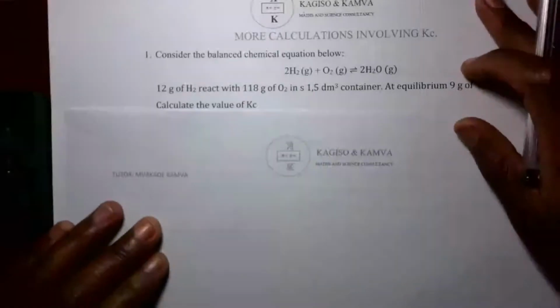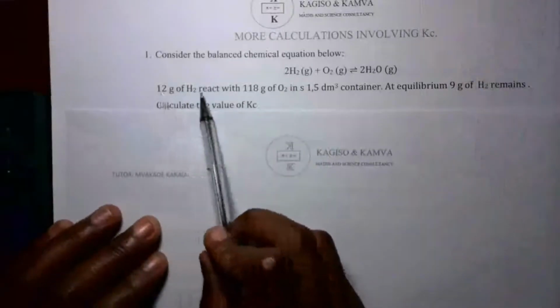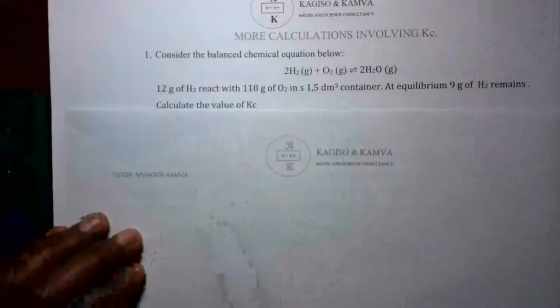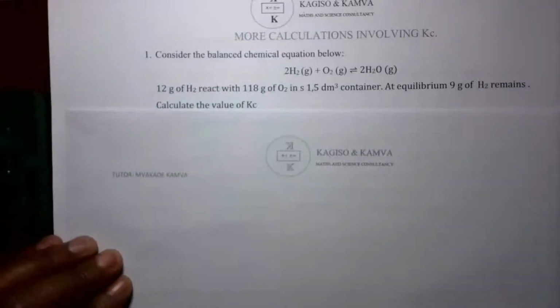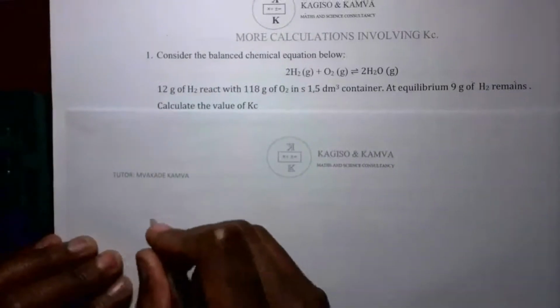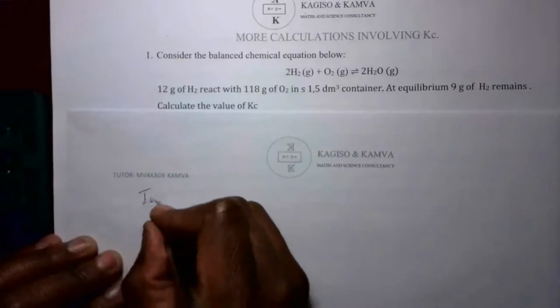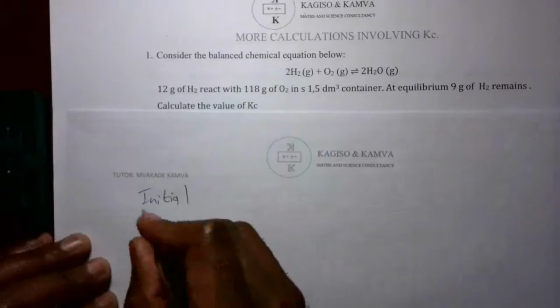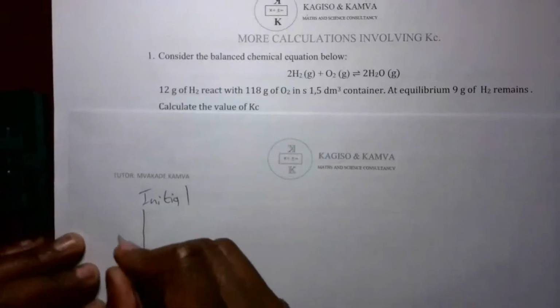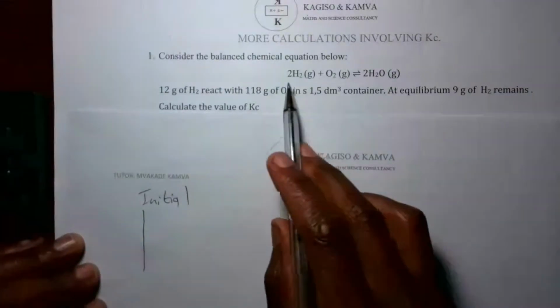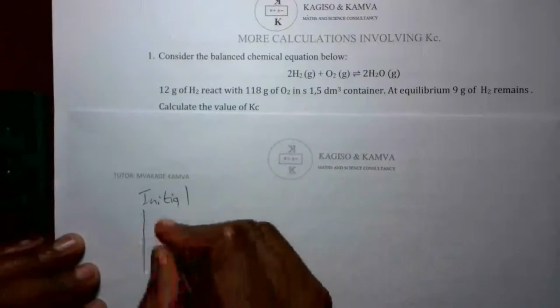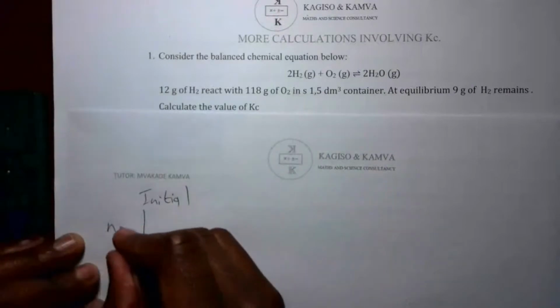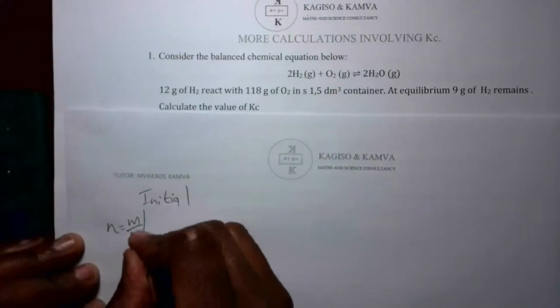Now we've got the information initially, so I'm going to say this is for initially. Initially I've got H2 and O2, and the number of moles is mass over molar mass.